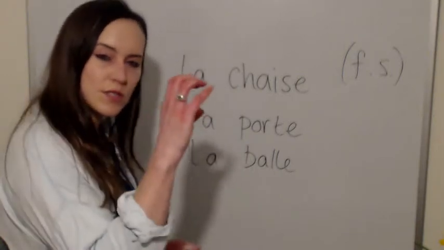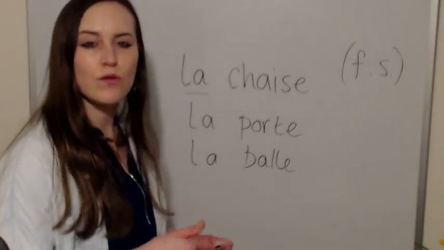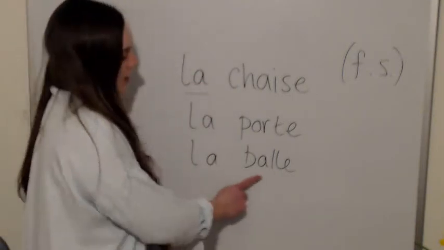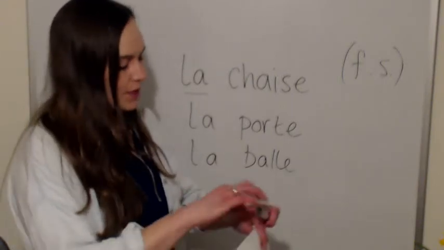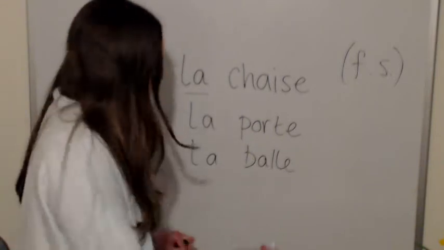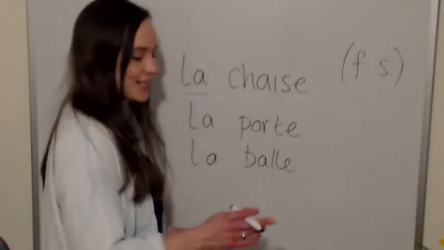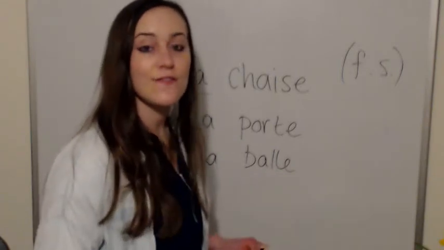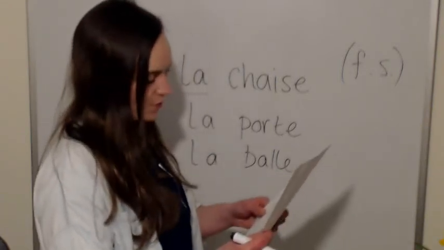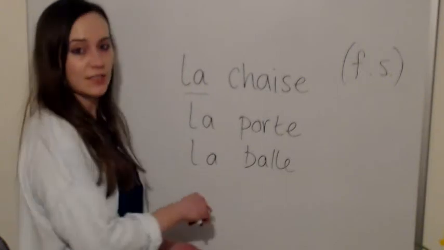A small ball is for tennis or for golf or cricket. La balle. So often nouns that are singular and end with double L-E in French are feminine nouns, so they will probably have la in front of them.